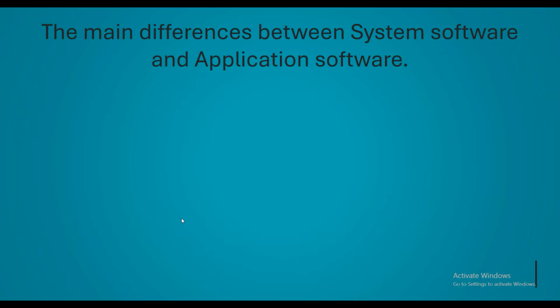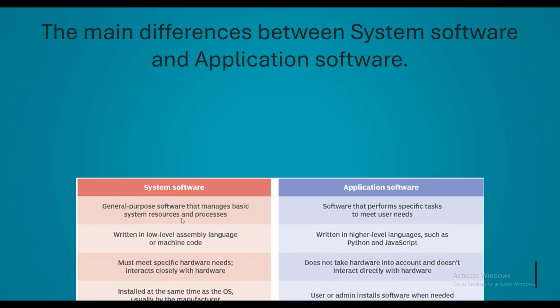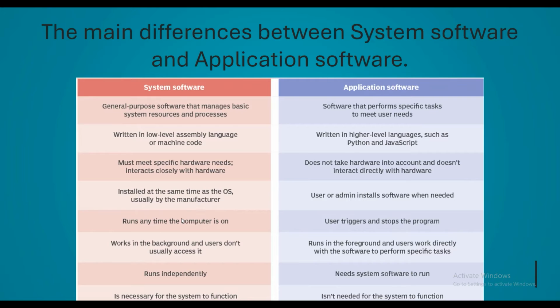So what's the difference between system software and application software? System software is general purpose software that manages basic system resources and processes. On the other hand, application software performs specific tasks to meet the user needs only.